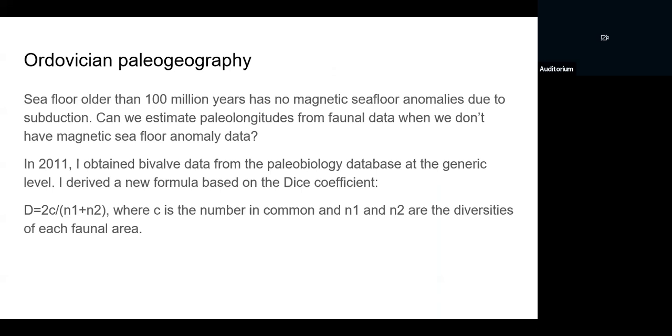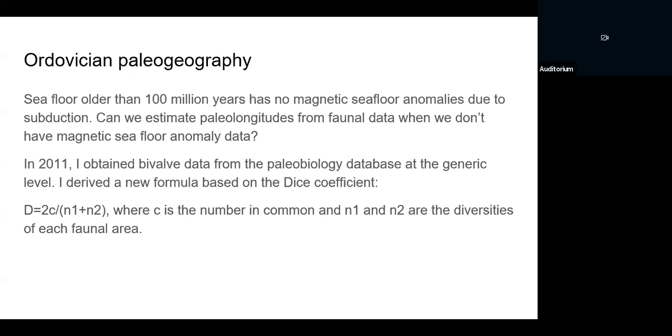How many of you know about the Paleobiology Database online? Good, all of you should. It's an amazing source of data, of taxonomic information as well as location. It's easy to get access to. You don't have to sign up and create an account or anything. So I started to get data on bivalves for the late Ordovician, for a number of different plates.